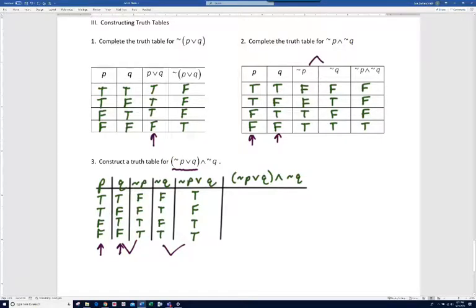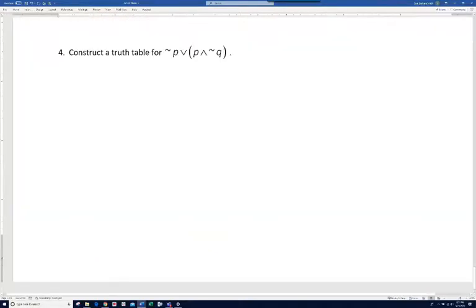The only time an and statement is true is if both statements are true, and so that would be this case here. Now in the other 3 cases, both statements are not true, so these would be false statements. All right, so let's move on to the next problem, and I would like you to go ahead and try that one, and then I will put up the solution.